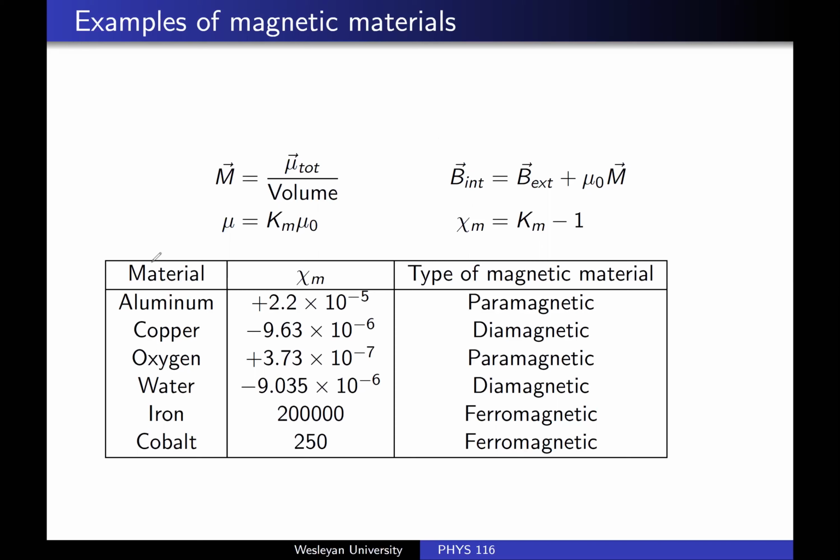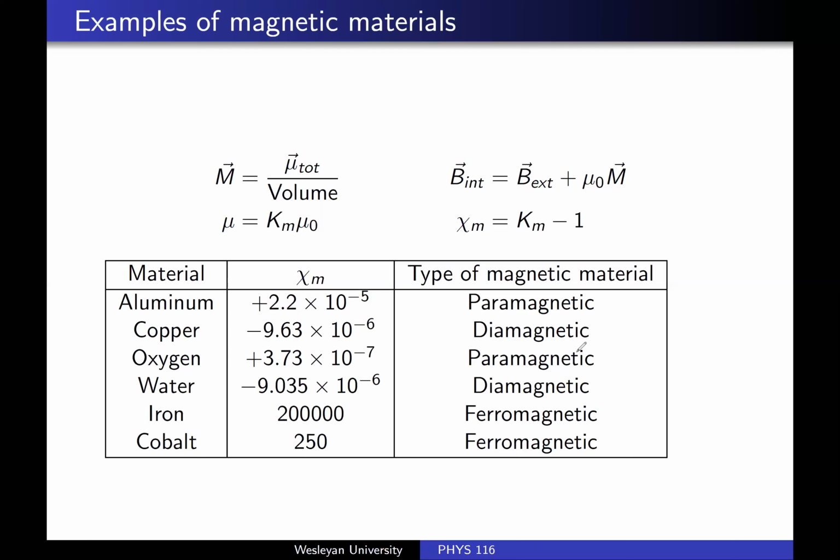So what are some typical values? Well, aluminum has a positive chi M because it is paramagnetic. Copper has a negative chi M because it is diamagnetic. This is why copper objects are not attracted to magnets. Oxygen has a positive chi M and is thus paramagnetic.